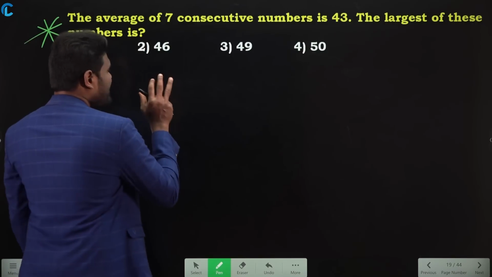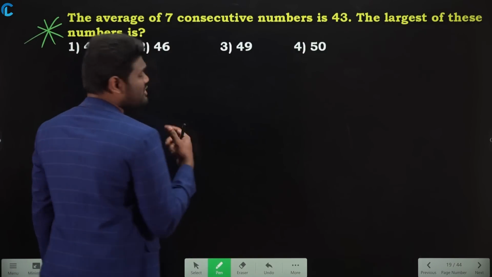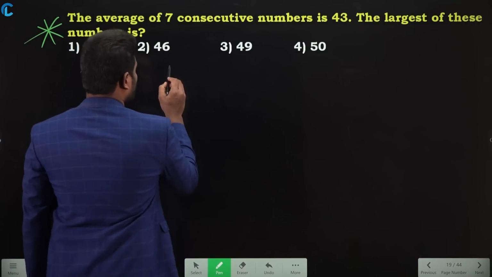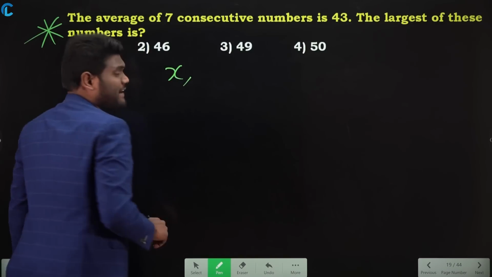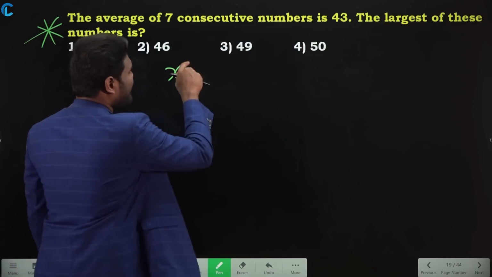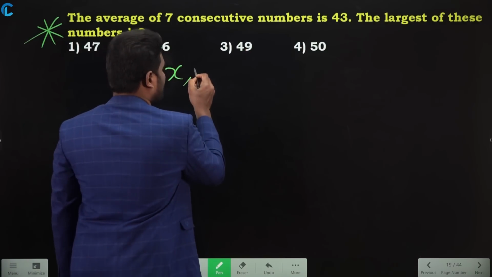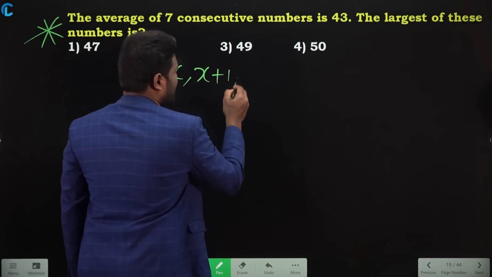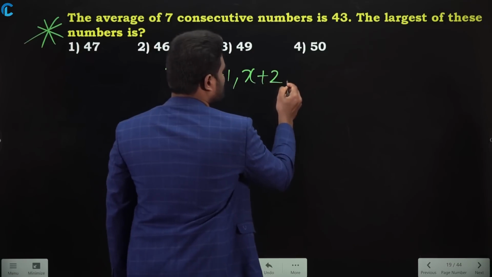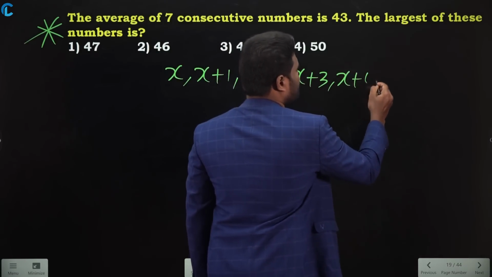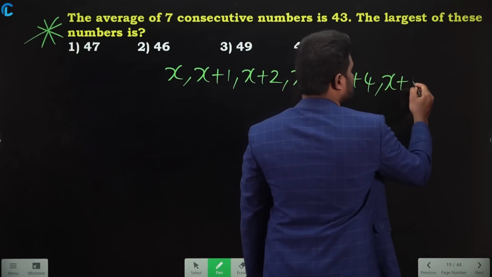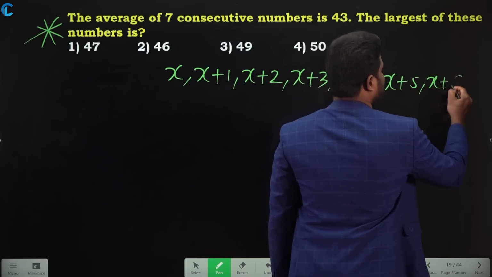Look here. If I need to solve this question normally, how do I solve it? I do not know what the number is. As I do not know the number, if I assume the number as x, then the 7 consecutive numbers will be x, x plus 1, x plus 2, x plus 3, x plus 4, x plus 5, x plus 6.